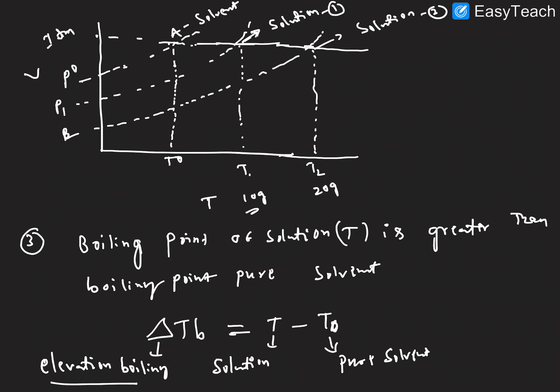For example, T naught, and the difference between here and here is called delta TB. So it is the solution boiling point minus the initial boiling point. I hope it is clear. Already we discussed in vapor pressure, right?